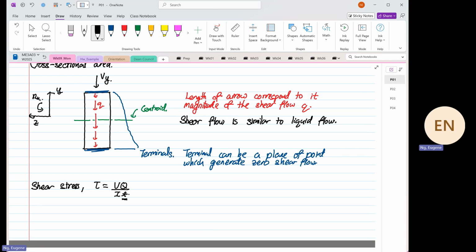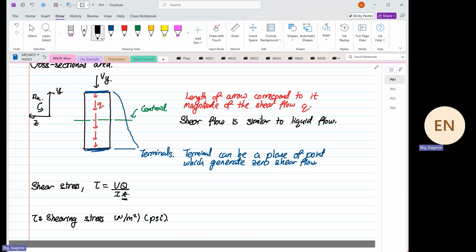We have the thickness. So we have tau, which corresponds to shear stress or shearing stress, and this is in Newton per meter squared or PSI.